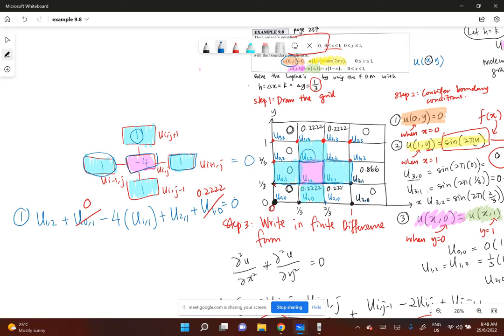So it becomes negative 4U11 plus U21 plus U12 equal to negative 0.2222. Okay, so far okay?